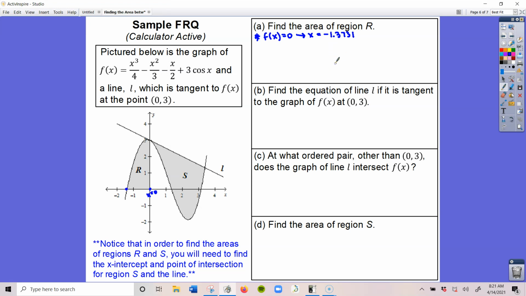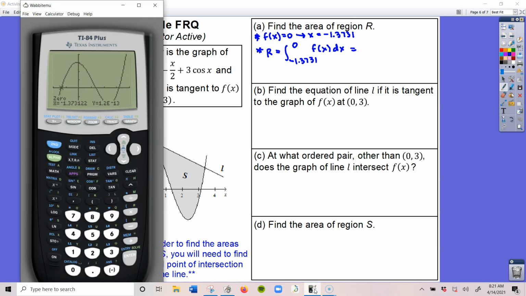So when I integrate now, region R is going to equal the integral from that x-intercept, -1.3731, to 0 of f of x dx. Even though this is a calculator question, still show the integral that you're using, because this most likely would be a point. So I'm going to come here to my calculator because luckily it's going to integrate everything for me.